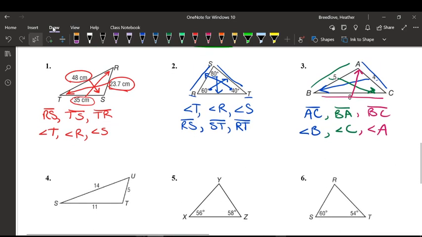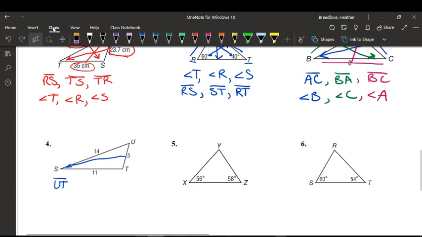All right, so here's one last plain example. The smallest side given is 5. That's side UT, and the angle that goes with UT is angle S. That's the smallest side and the smallest angle. The medium side would be 11, the next largest number.